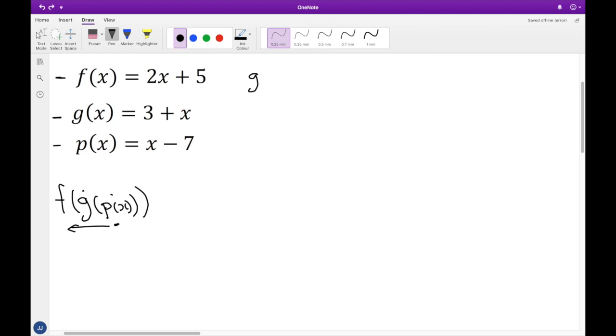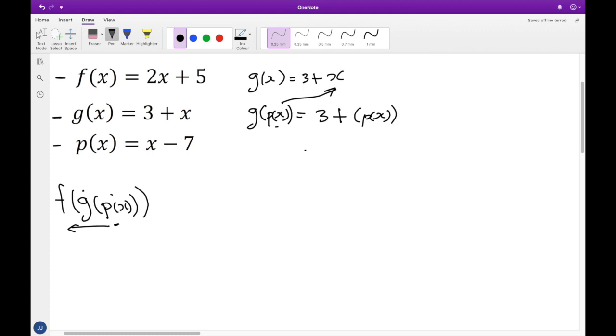Right, so I have the function g of x, which is 3 plus x, yeah? And I want to substitute the other function p inside of it, yeah? So I want to put the p of x wherever I see x in that g function, right? So I'll have 3 plus x, which is the p of x, yeah?